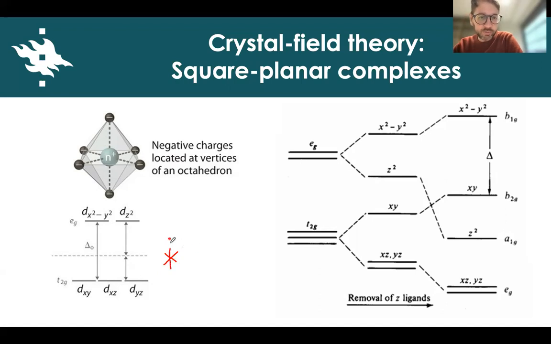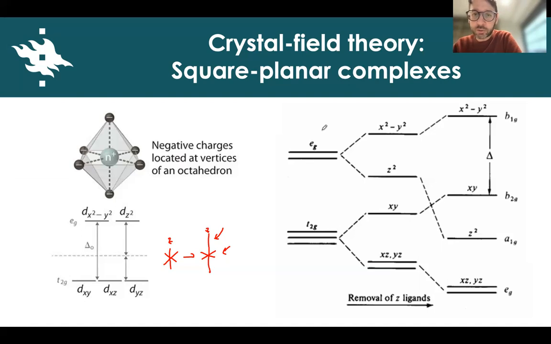So here we have the z direction, and then we start stretching the ligands in the z direction. So as we start to stretch the ligands along the z direction, these bonds along z become longer, so repulsion along the z direction starts to be lower, while interactions along xy start to be stronger.